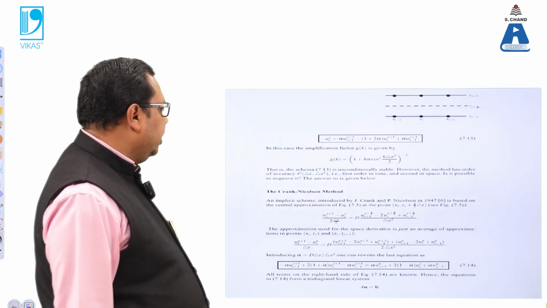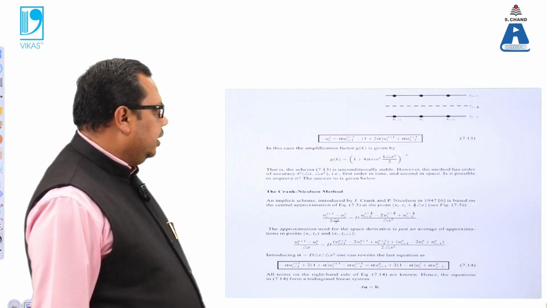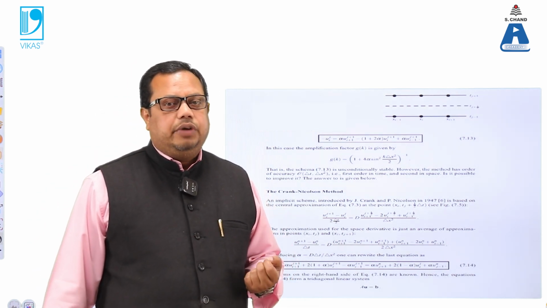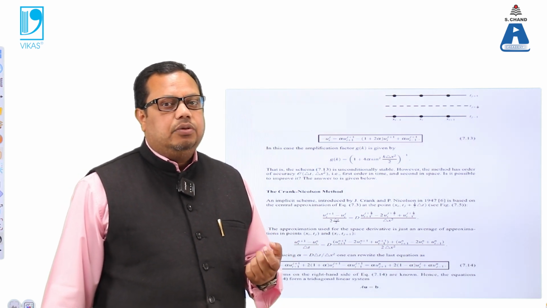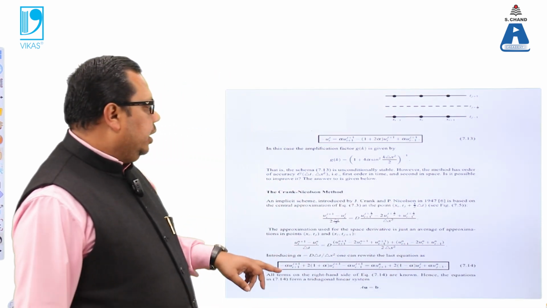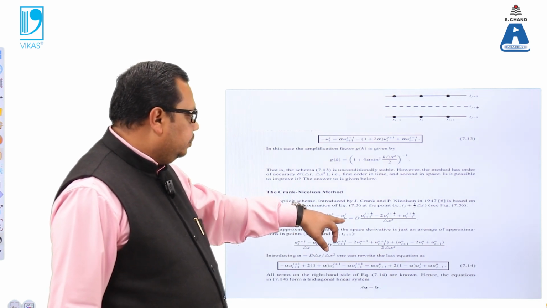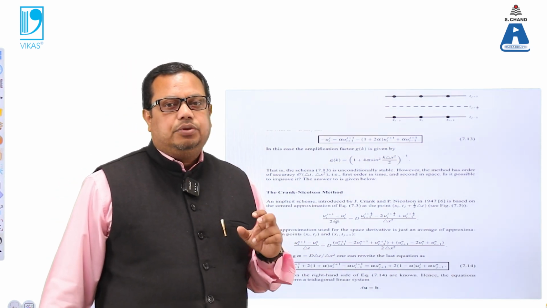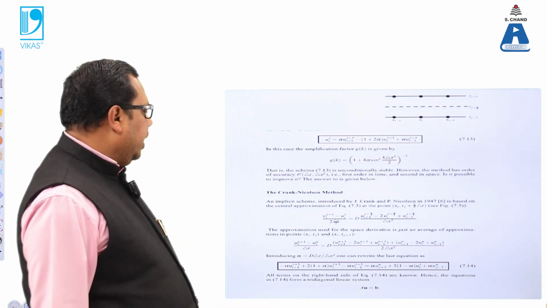The next one is the Crank-Nicholson method. It is based on the central approximation. That central approximation is basically the bisected value. When we have two values and we bisect them, we get the mid value. Here we are using u I plus 1 minus u I over 2 delta t. We use the central value to make the calculation and minimize the approximation.